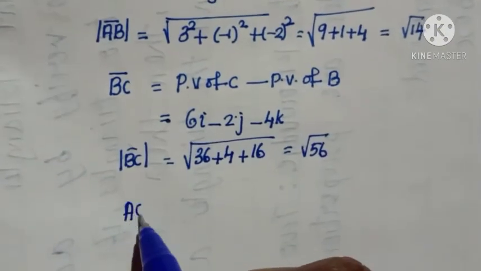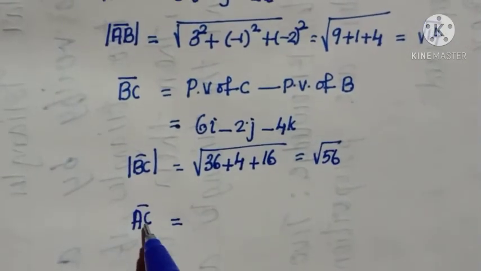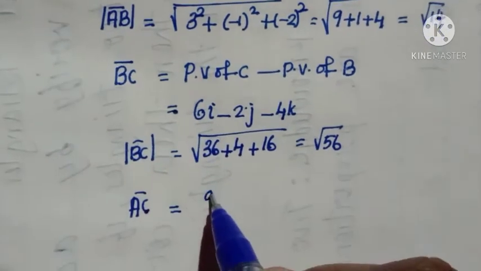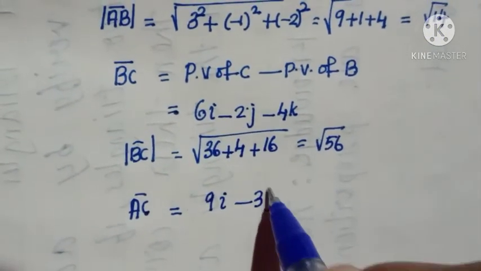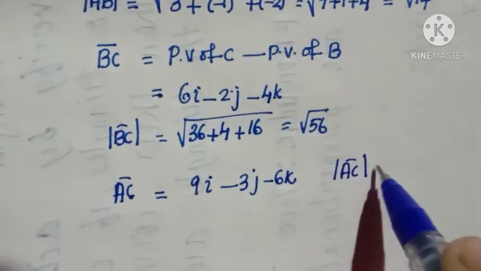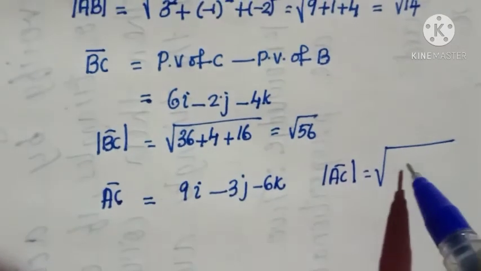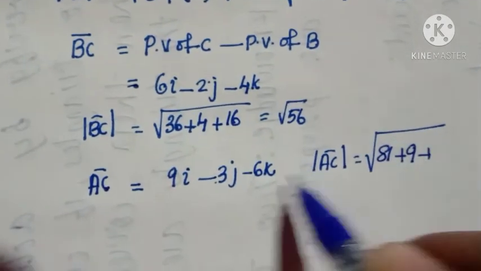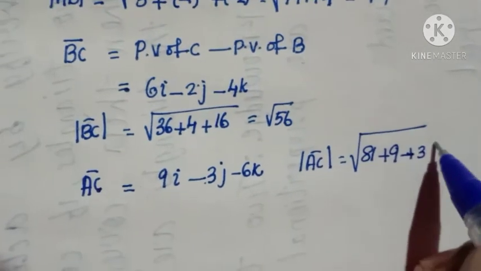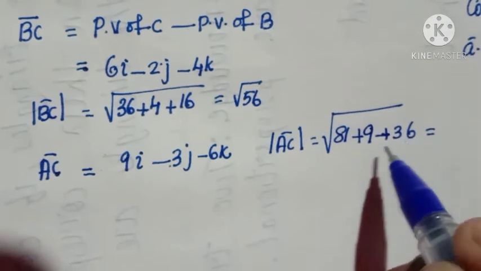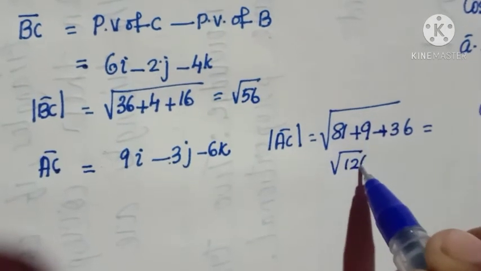Now AC. Similarly find AC. Position vector of C minus position vector of A. It is 9I minus 3J minus 6K and its magnitude is root of 9 square 81, minus 3 square 9, minus 6 square 36. 81 plus 9, 90. 90 plus 36 is 126.